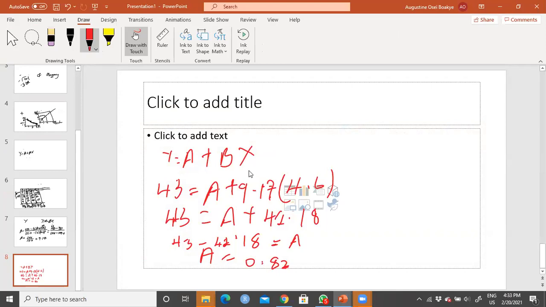The beta value is 9.17. So the interpretation is that for every unit of sales that we make, we need to hire at least 9.17 human resources. You can approximate it and make it 9.